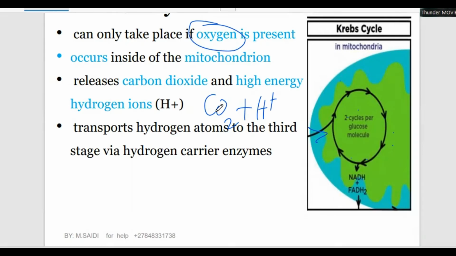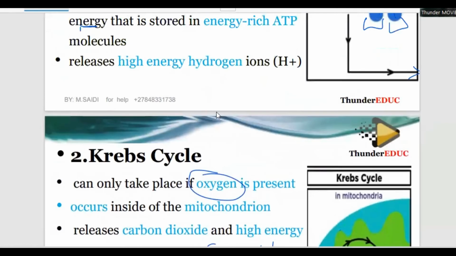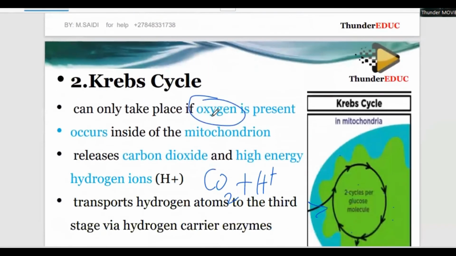Don't forget, as a small reminder, the raw materials of photosynthesis, like glucose, are the products of respiration, and the products of respiration are the raw materials for photosynthesis.